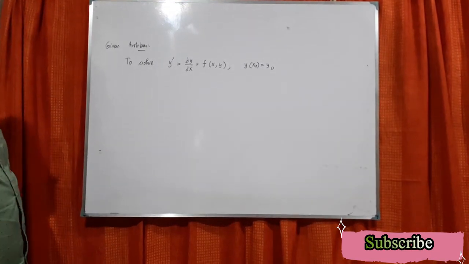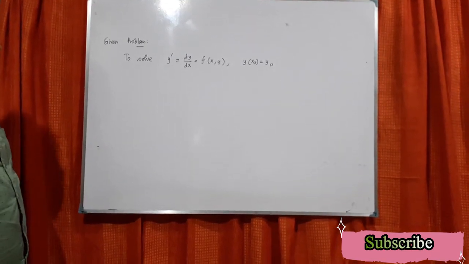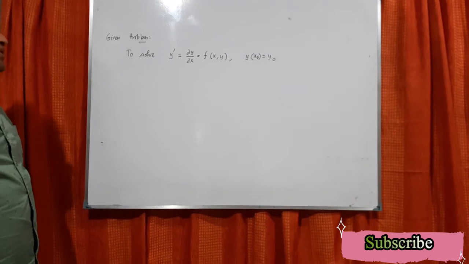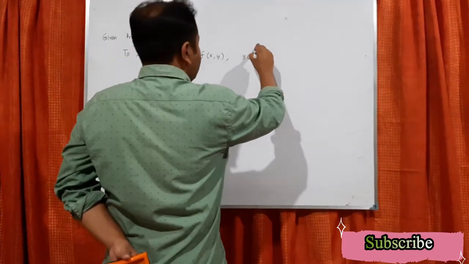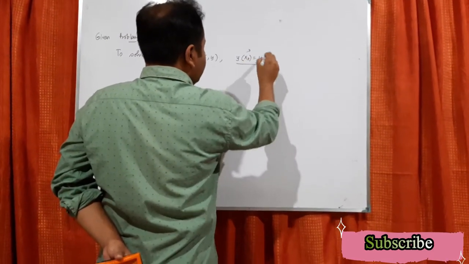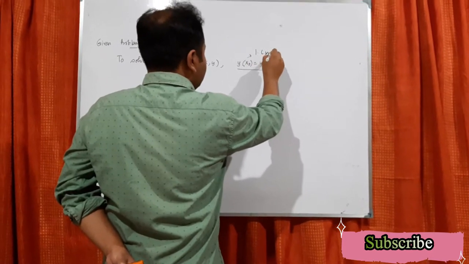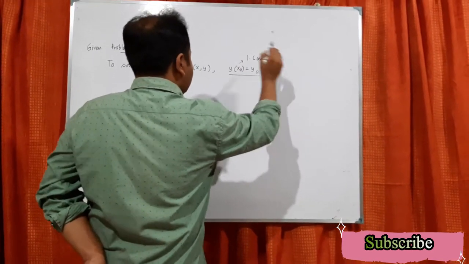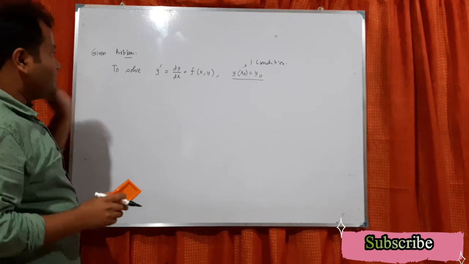This problem will be given to us and we have to solve it using the Taylor series method. Here x naught, y naught is the initial condition. Okay, so this is the basic problem.